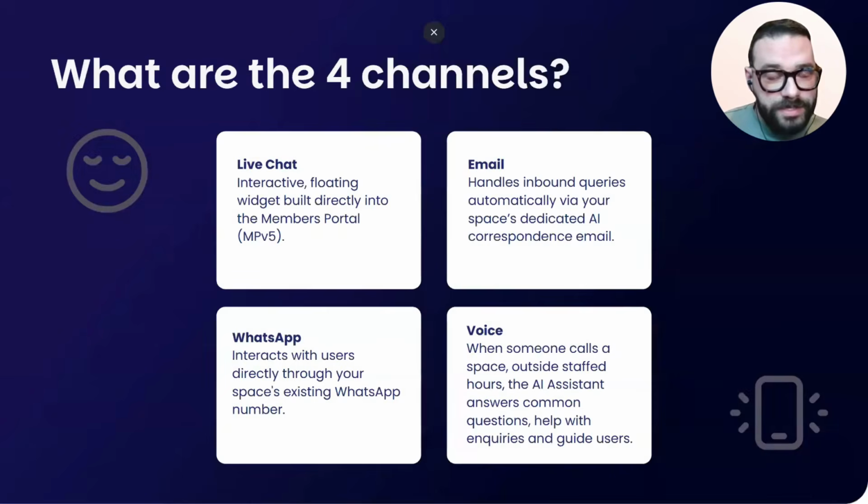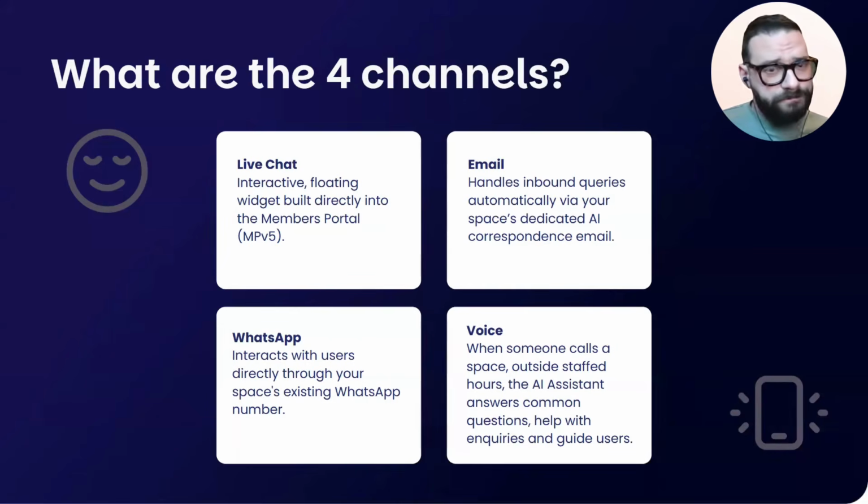Out of the box, the assistant operates across four major communication channels. You have the live chat, which has a cute floating widget directly inside your members portal, specifically member portal version 5, our new version. Via email, it can handle messages that are sent to your space's dedicated email address for AI.